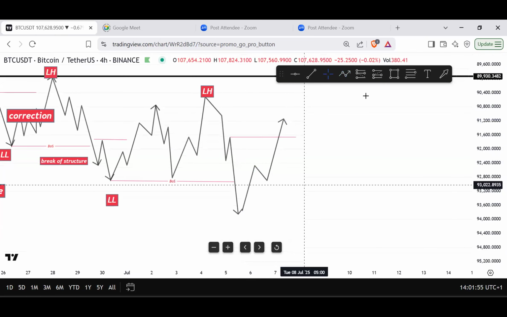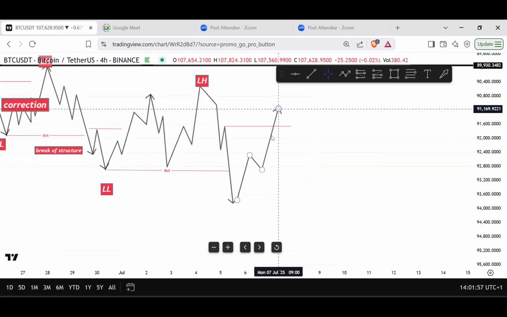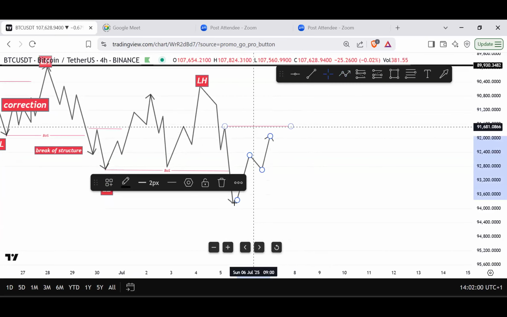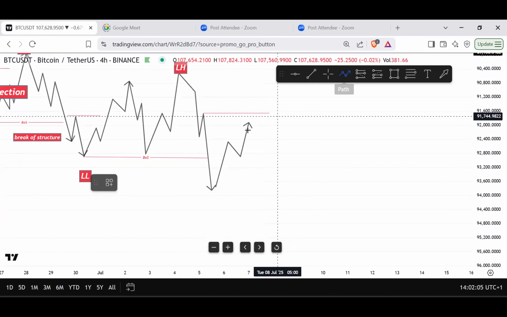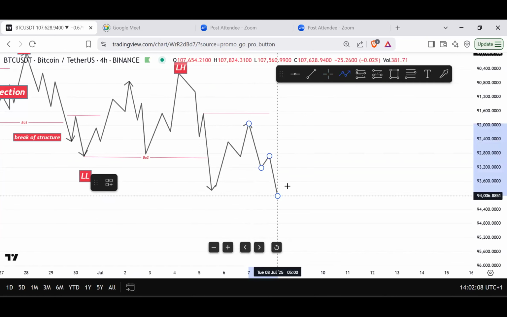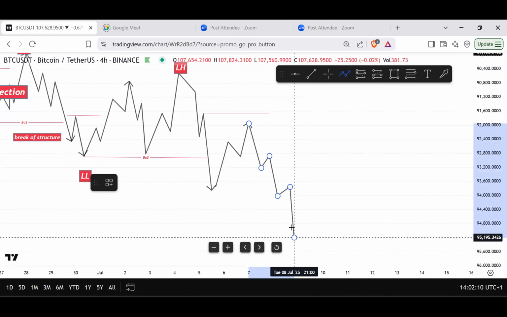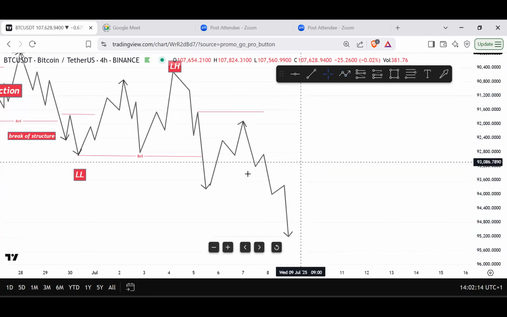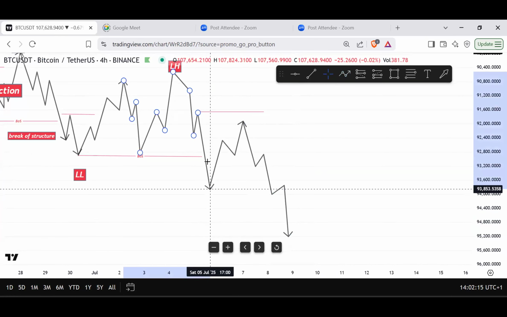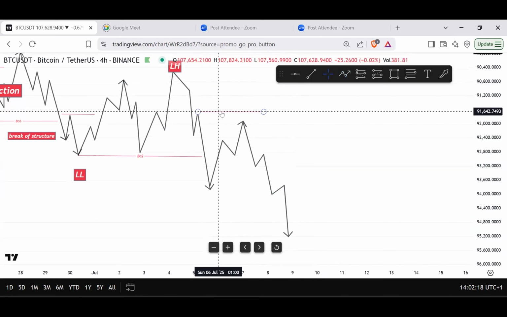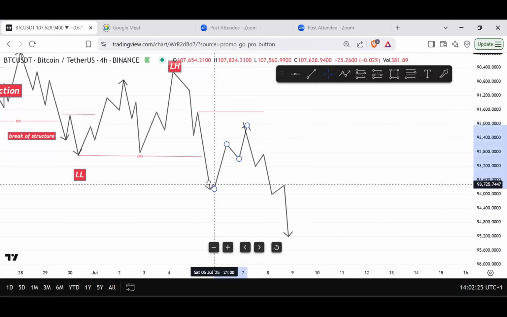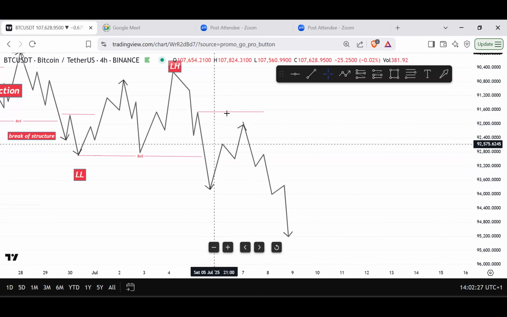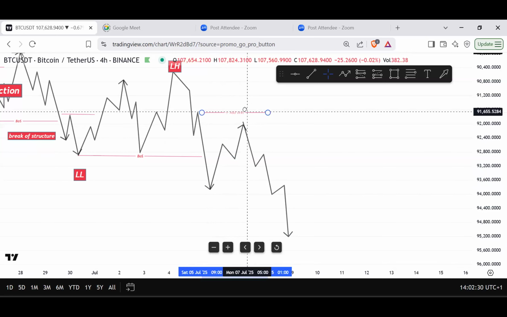Without this happening, we can't call this a lower low. This is not a lower low, because it didn't touch the correction inducement.